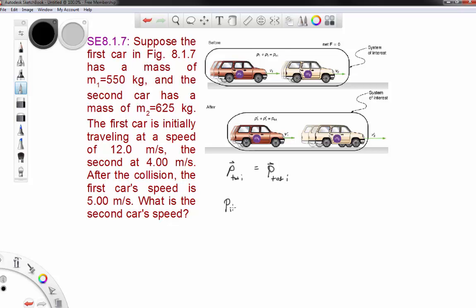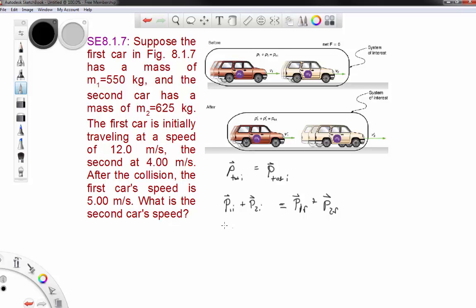So that means basically that P1 initial plus P2 initial has to be equal to P1 final plus P2 final.